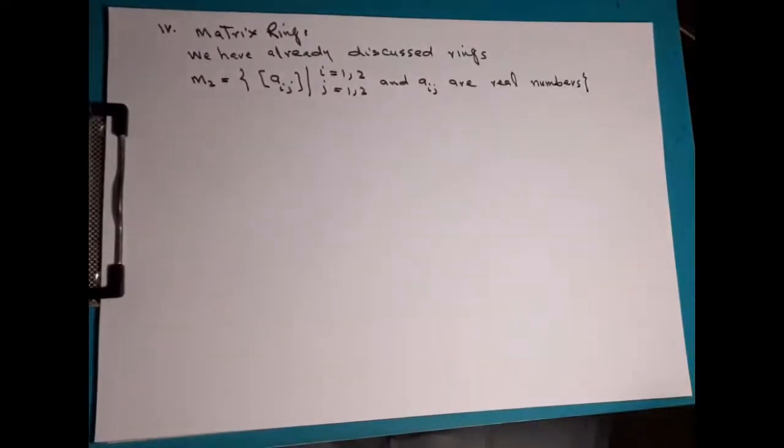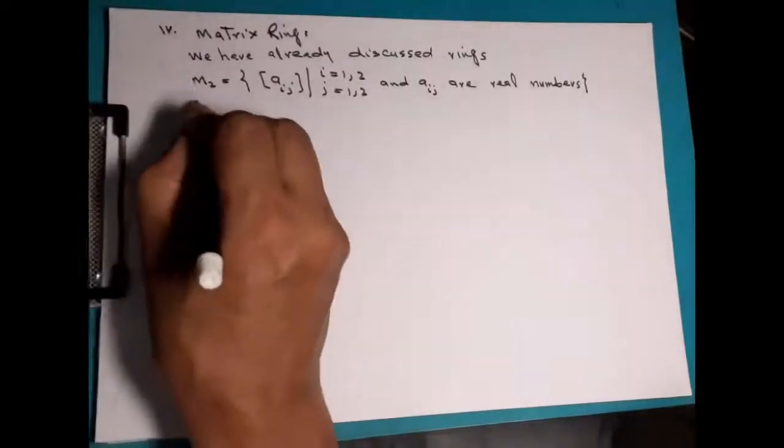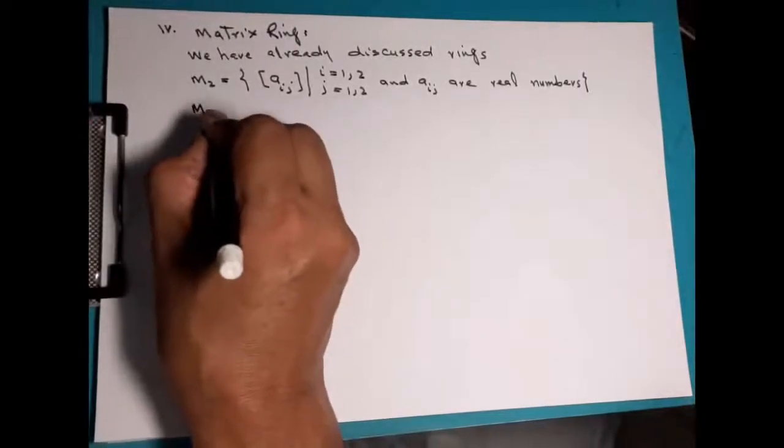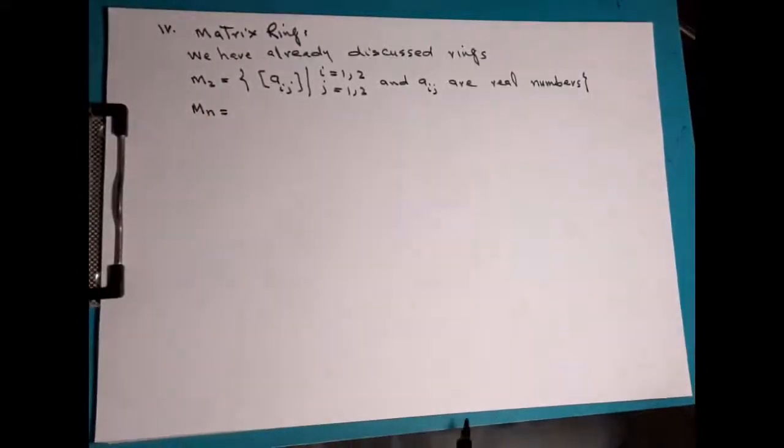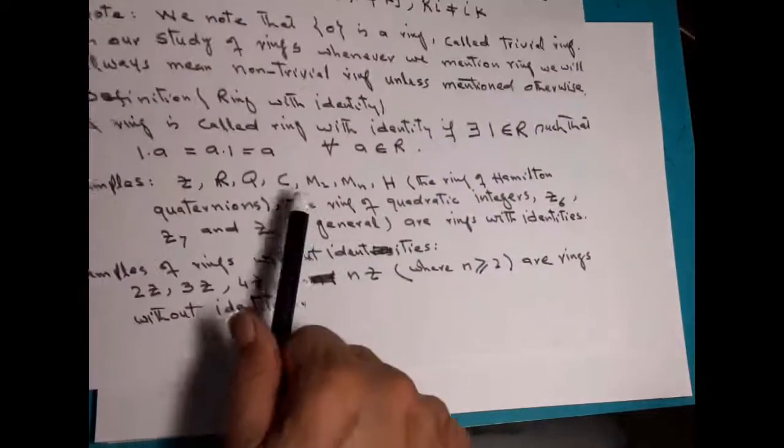This is a non-commutative ring with identity. And Mn. When we were discussing rings with identity, we mentioned M2 and Mn are rings with identity.